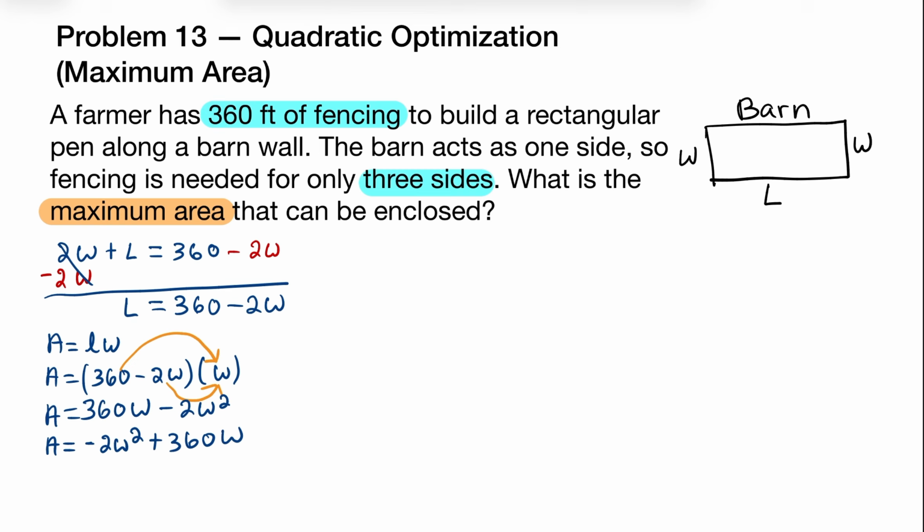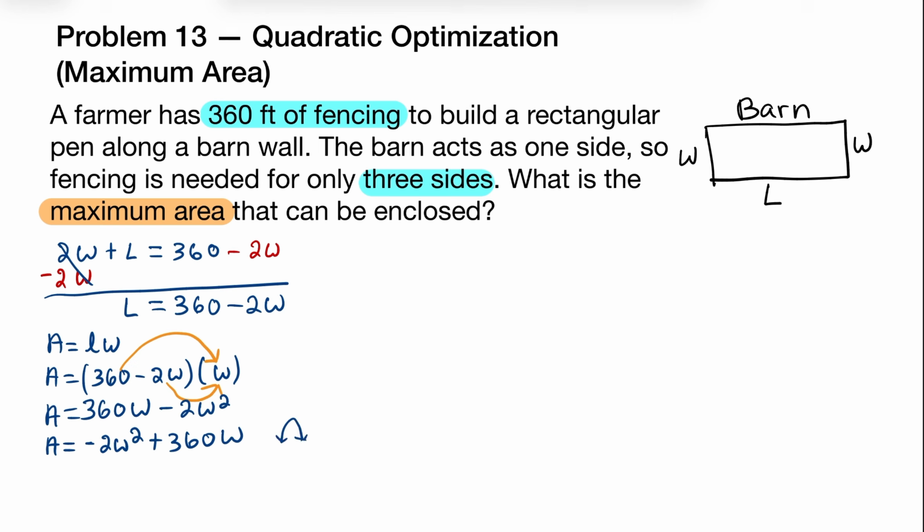Okay, so this is a quadratic equation that models how the area changes as the width changes. So now we want to find the value of W that makes the area as large as possible. Because the coefficient on W squared is negative, as you can see it's negative 2, that means the parabola opens downward. So the parabola looks like this, opening downward like that.